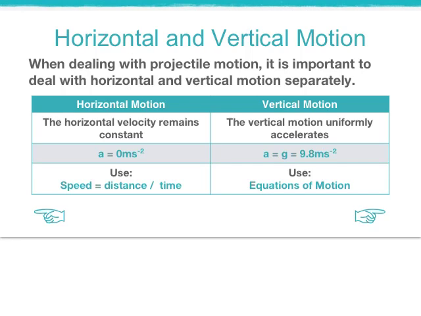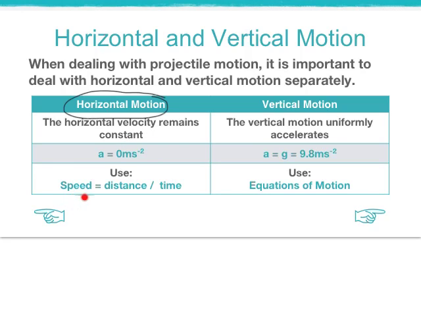So let's summarize this information. When dealing with horizontal and vertical motion, it's important to consider the following. In horizontal motion, the velocity remains constant. That means that acceleration is zero.